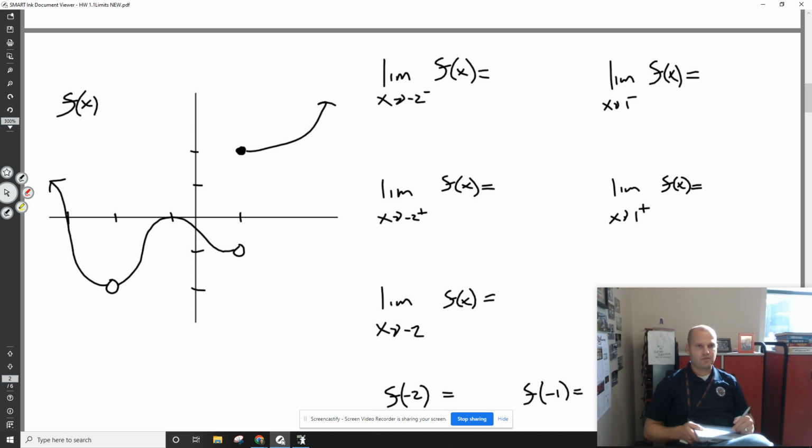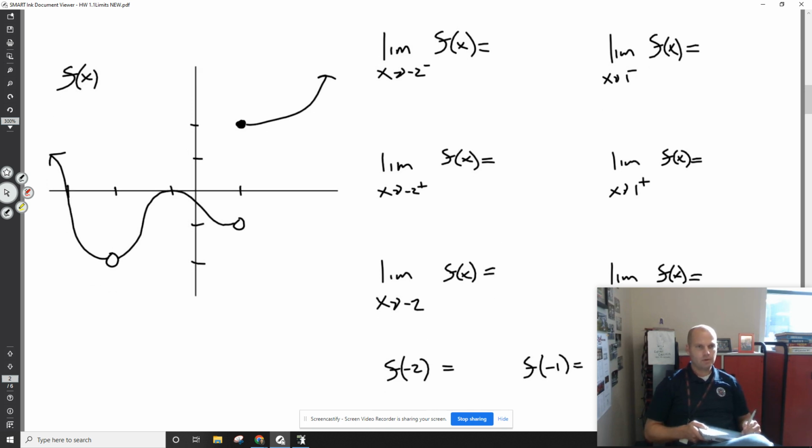Okay, let's look at -2. Now at -2, I don't have a point above or below it, which means f of -2 is undefined. I don't have a point that I can go to and say, if you plugged in -2, you would get this. However, if I plugged in -2.00001, something like right here, -2 to the left, I'm down here at these y coordinates. I'm close to the y coordinate -2.